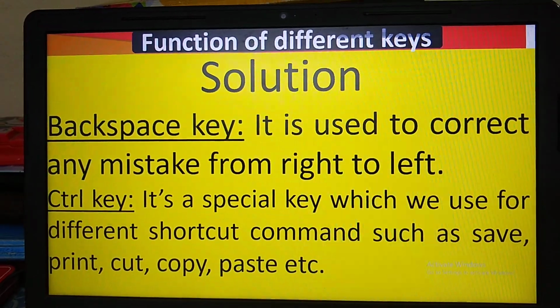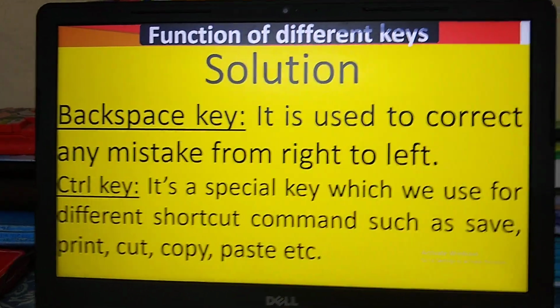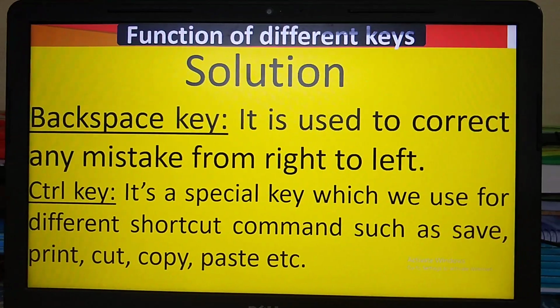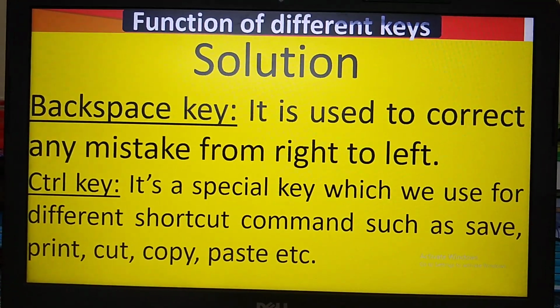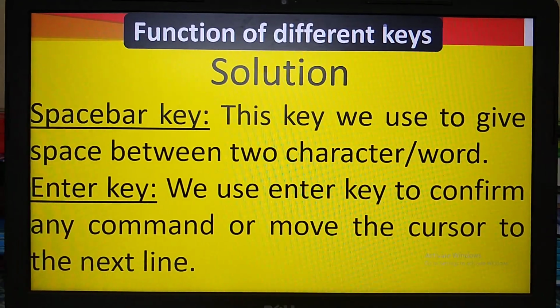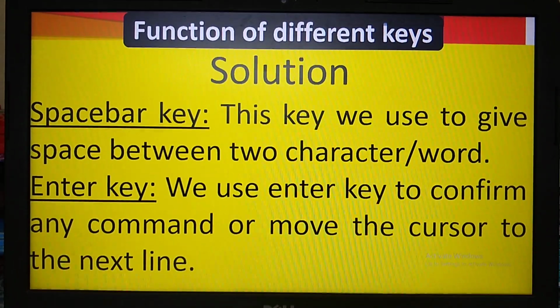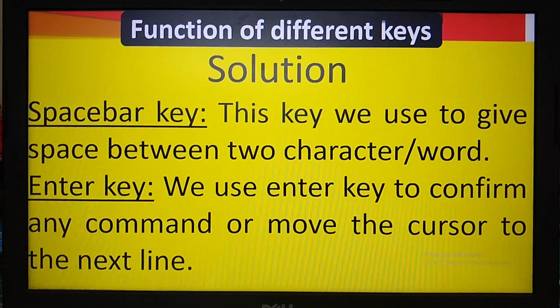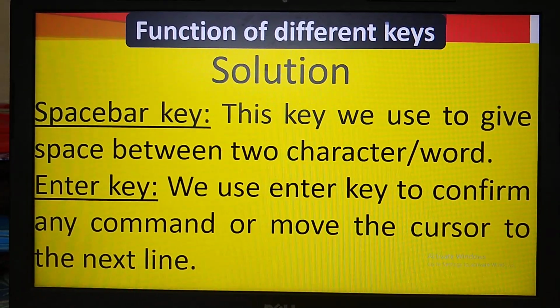Then the control key. It's a special key which we use for different shortcut commands such as save, print, cut, copy, paste, etc. Then the space bar. This key we use to give space between two characters or words. Then the enter key.